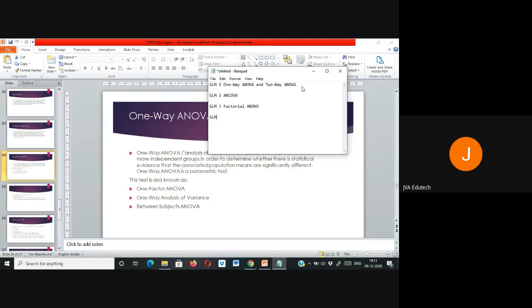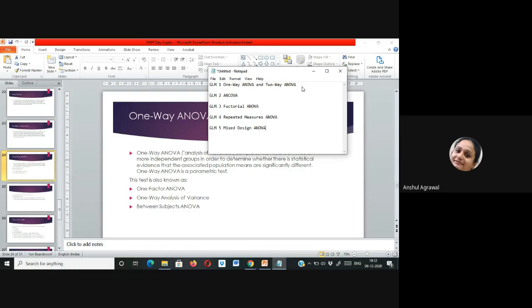And we have GLM4, repeated measures ANOVA. And we have GLM5, which is mixed design or mixed ANOVA. So ANOVA is not only about one-way ANOVA. There are five GLM models: GLM1, one-way ANOVA and two-way ANOVA; GLM2, ANCOVA, analysis of covariance; GLM3, factorial ANOVA; GLM4, repeated measures ANOVA; GLM5, mixed design ANOVA.